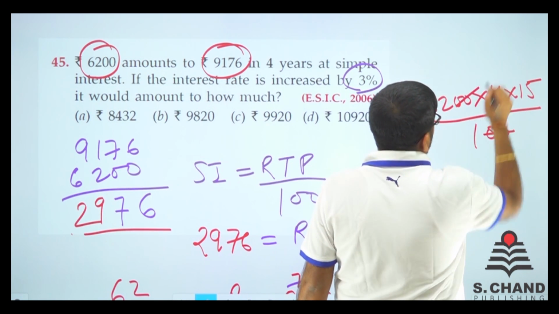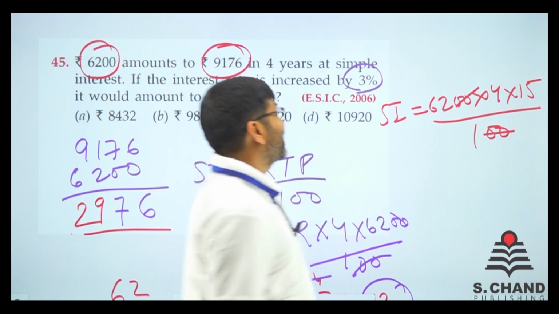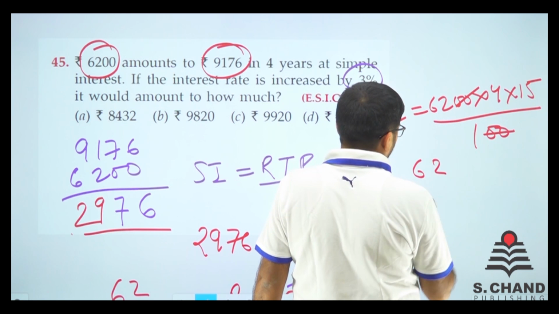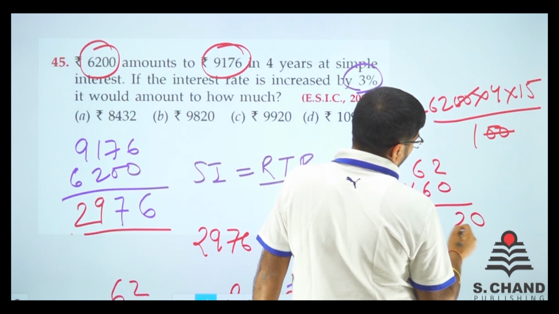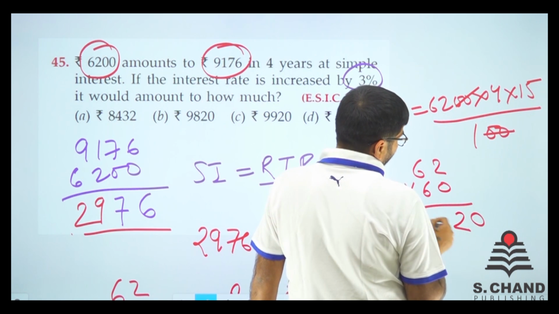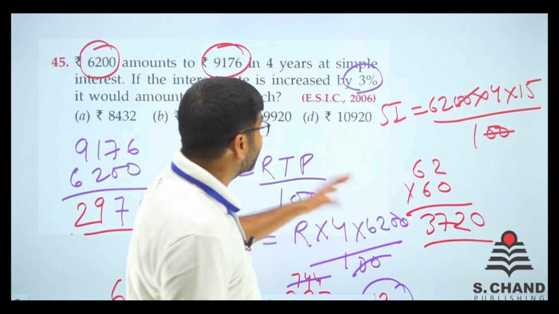So 100 ko to hata do aap. 15 into 4, 60. So 62 into 60. 0 to yahan put kar lete hain. 6 2s are 12, 6 6 are 36, 37. So 3720 is the SI.